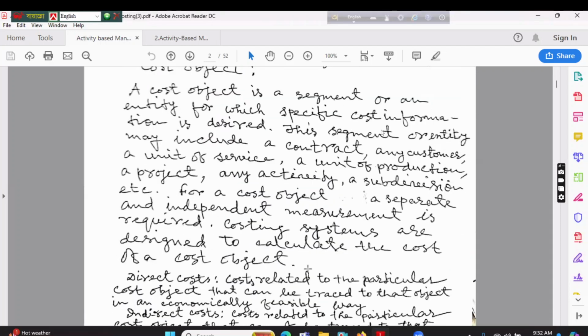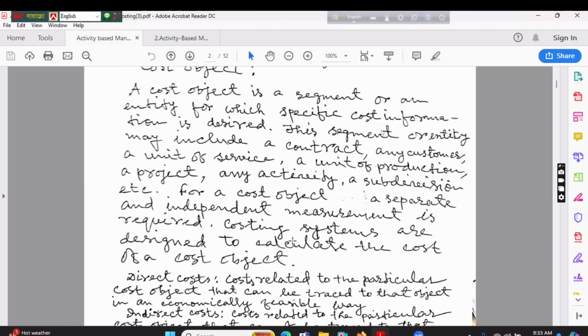For a cost object, a separate and independent measurement is required. Costing systems are designed to calculate the cost of a cost object.